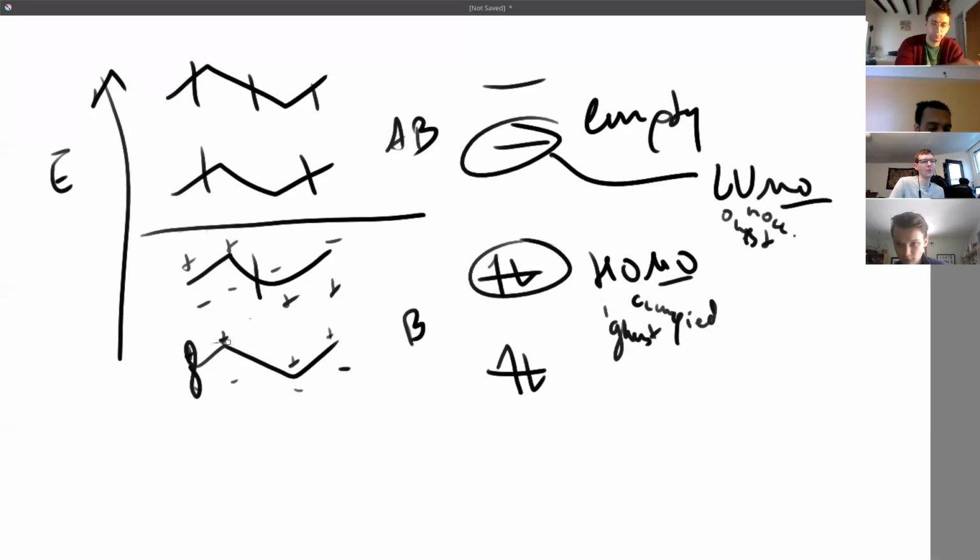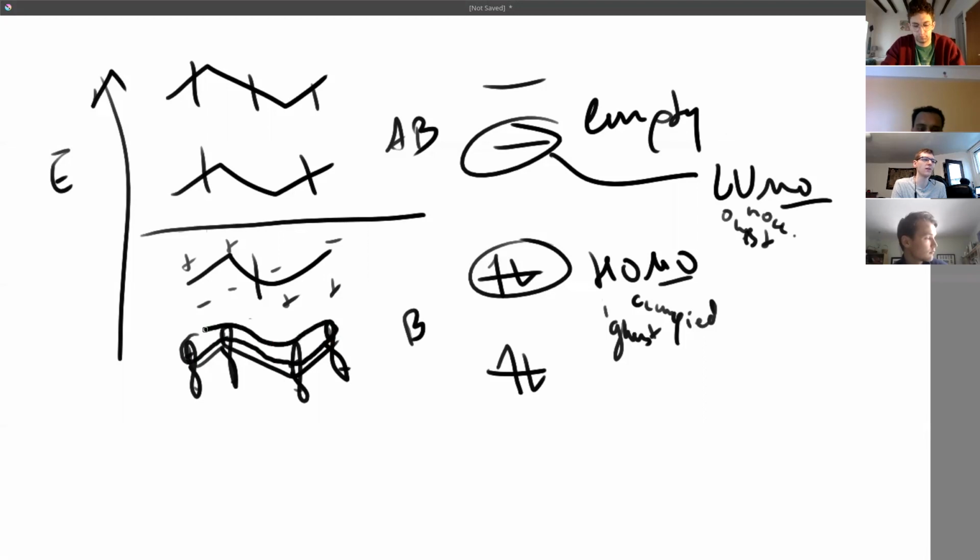When you draw out these orbitals, these figure eights, these are the pi orbitals. Each of these up at the top is a plus. So they all just mesh together, and they become one big plus blob, you could think of it.